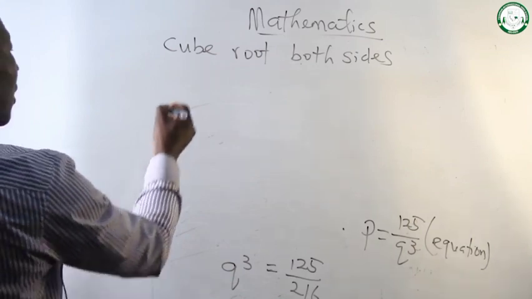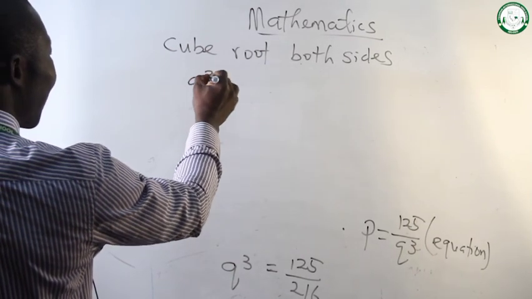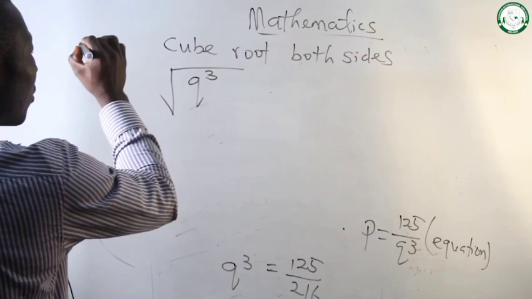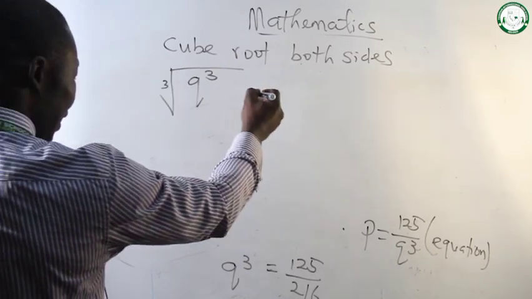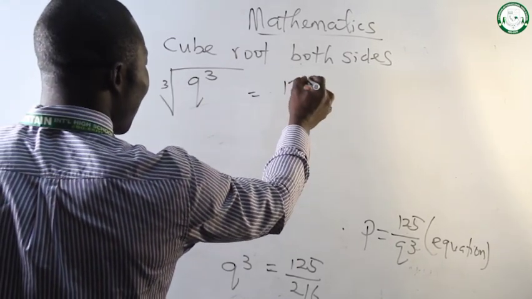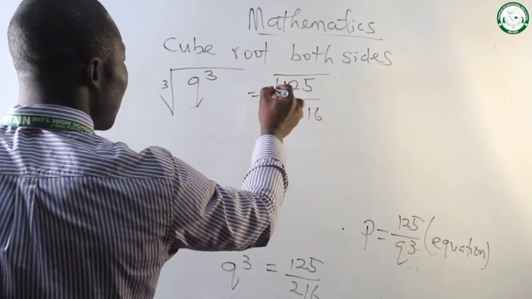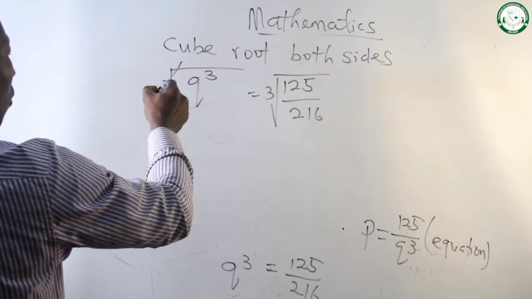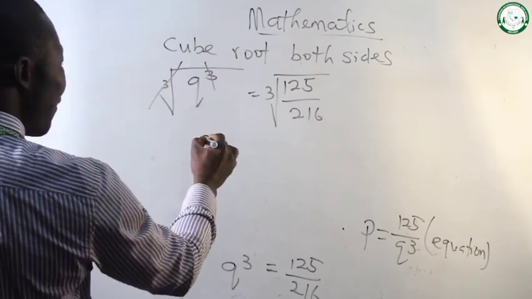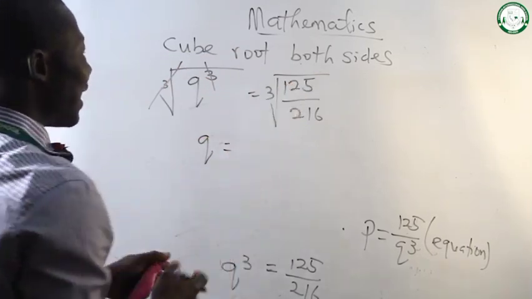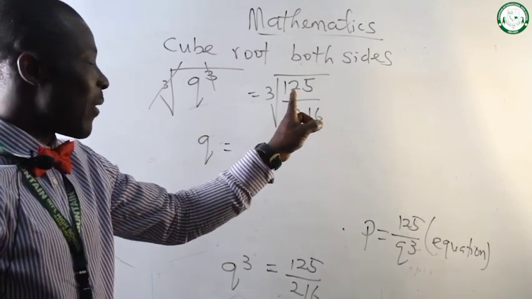The cube root of q raised to the power 3 equals the cube root of 125 over 216. So the cube root and the power 3 cancel, and I'm left with q. What this is saying is: what number will give me 125 if I multiply it 3 times?